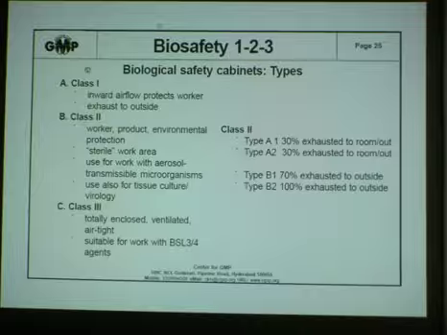Whereas type B1 exhausts 70% of the air and type B2 exhausts full 100%. Whatever comes into the work area is exhausted out through proper filtration. Type B1 and B2 must necessarily be hard ducted outside with dedicated exhaust fans.